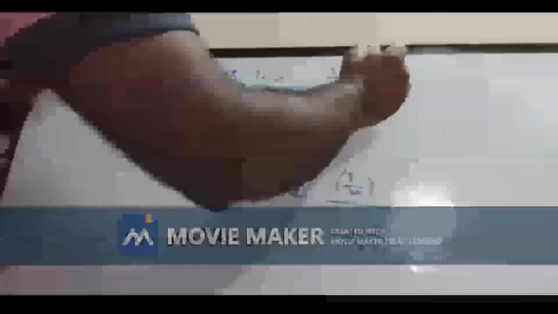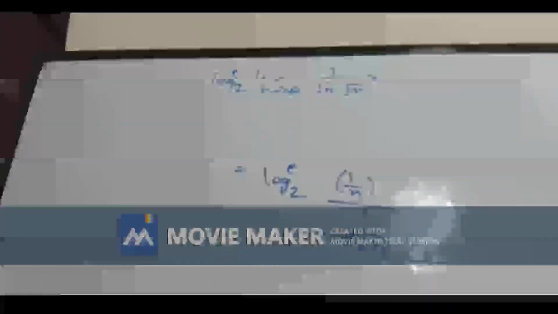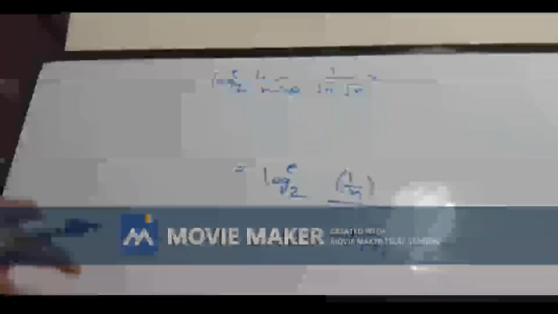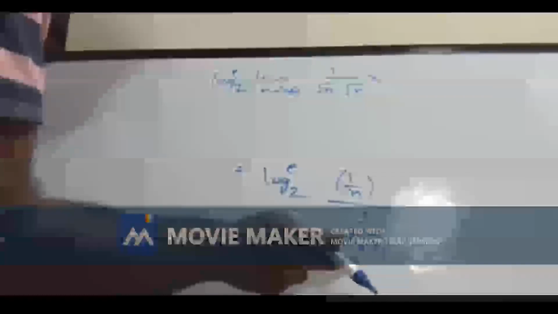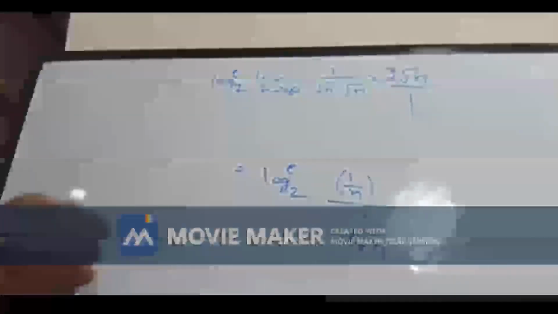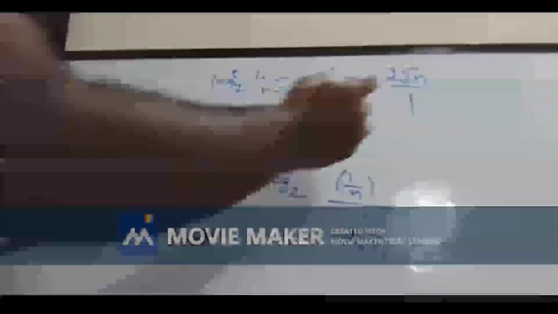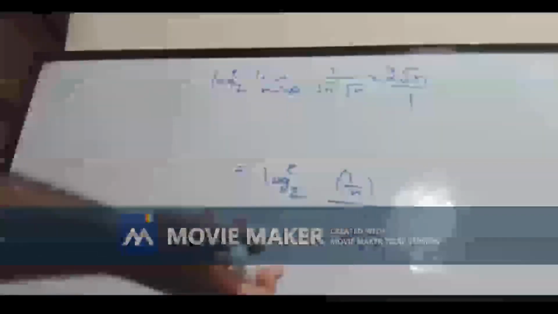Then in the denominator you have 1 by 2 square root of n, so we will write 2 into square root of n divided by 1. Understood? It's just simplifying, that's all.